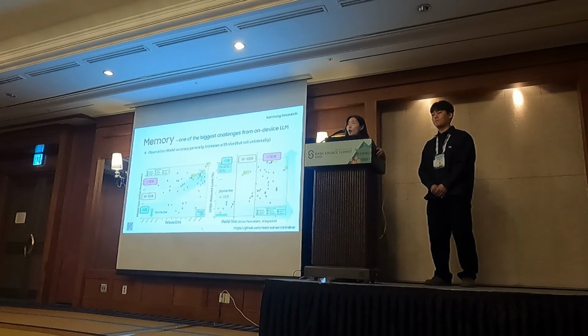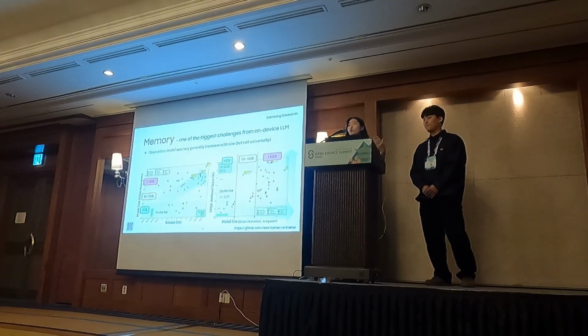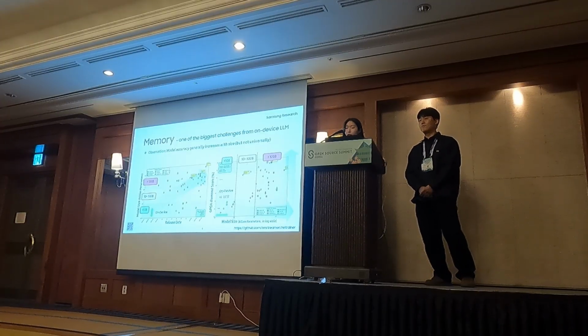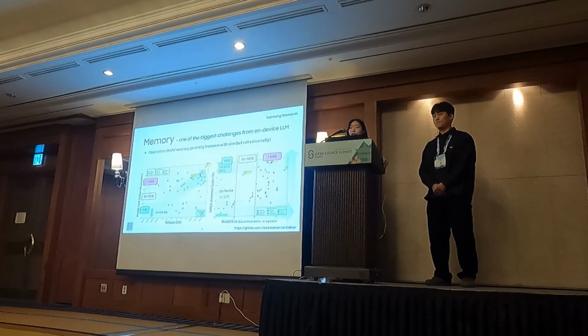For the on-device environment, it is incredibly difficult to run even a model with less than 10 billion parameters, simply because of memory limitations. So let me give you an idea of the scale. If a model uses full 32-bit precision, then you can roughly calculate its size by multiplying the parameter count by 4. So that quickly becomes enormous.